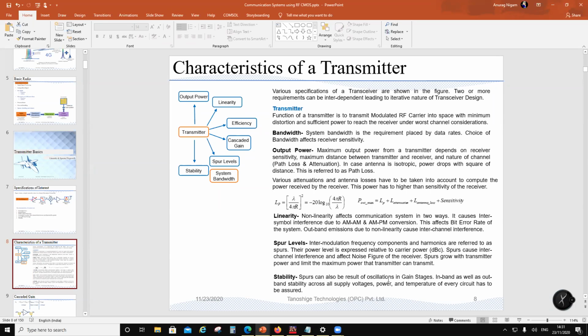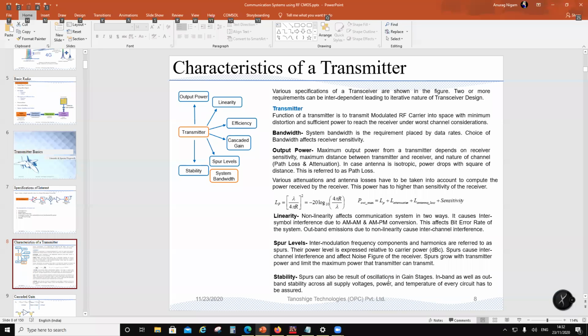If you assume a bulb, for example, which gives out light, then at a distance R the power density goes down by 4 pi R square. So you take the transmitted power divided by 4 pi R square, and that gives you the power density. Then you multiply with the antenna aperture, and that much power you are going to collect. So that 1 over 4 pi R square is called the path loss.